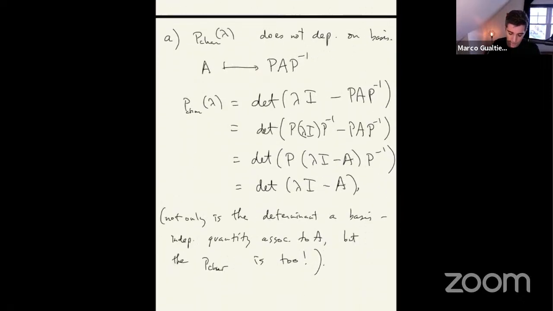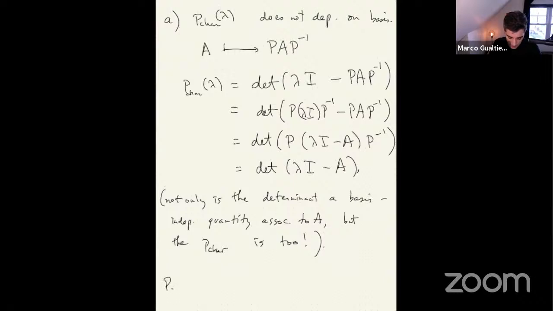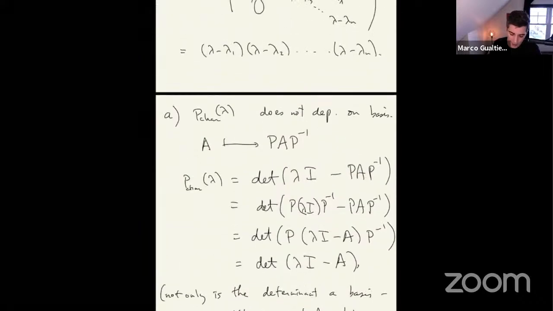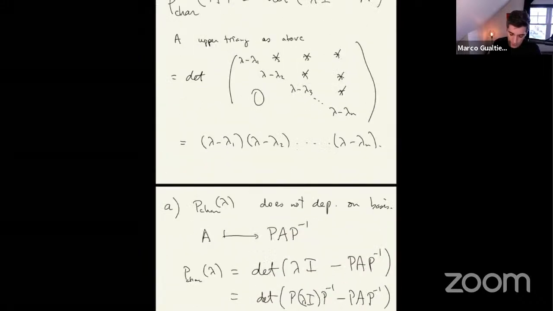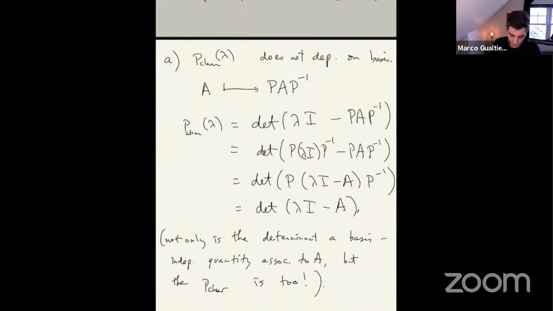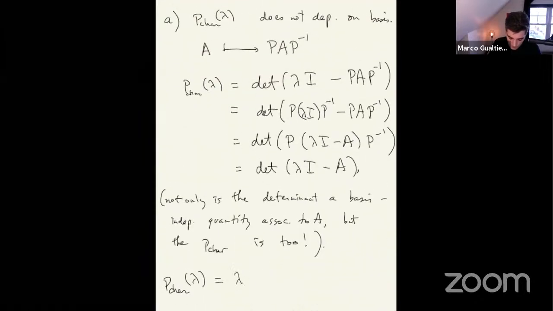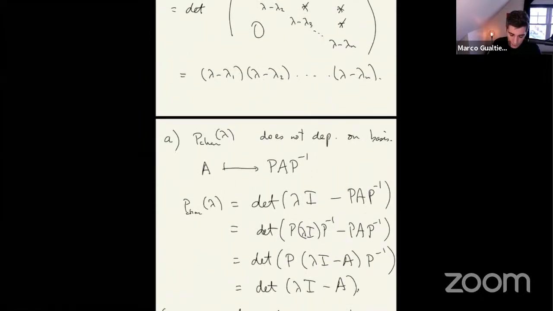In fact, you can expand the characteristic polynomial as a polynomial in lambda. If you expand this out, what you'll get is lambda to the n. Okay, and then what's the next term?